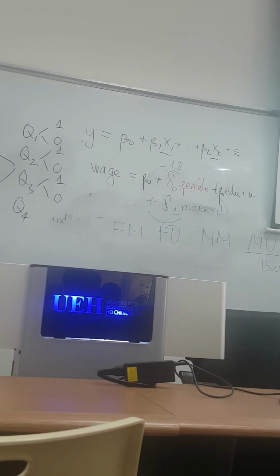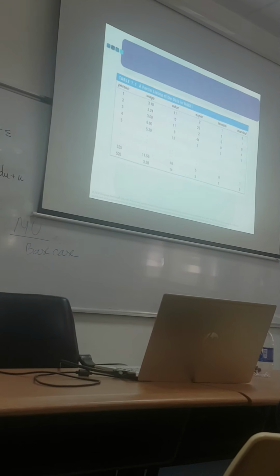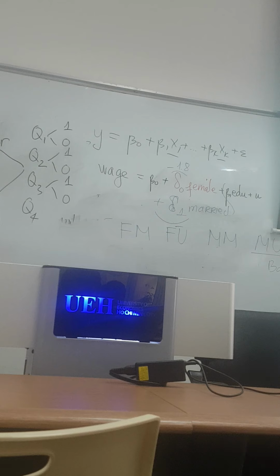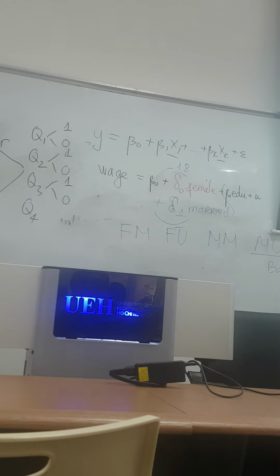And then male married: female equal to 0 and married equal to 1. So you create 3 new variables, put them in the regression and run it, and you can have something like this.